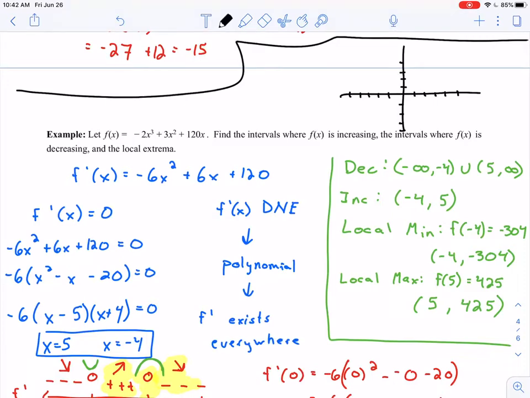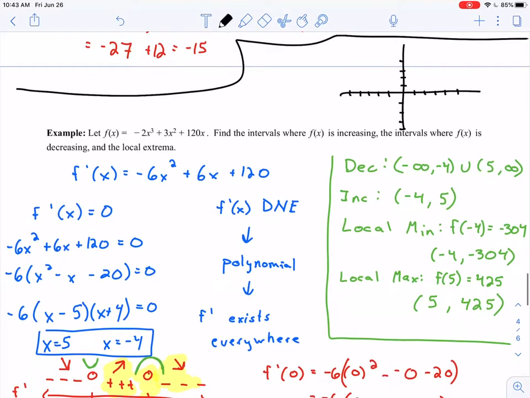I'm going to take the local minimum and the local maximum values first, and I'm going to plot those. So negative 4 comma negative 304, let's put that somewhere right around here. And 5 comma 425, I'm going to have a point right around there.